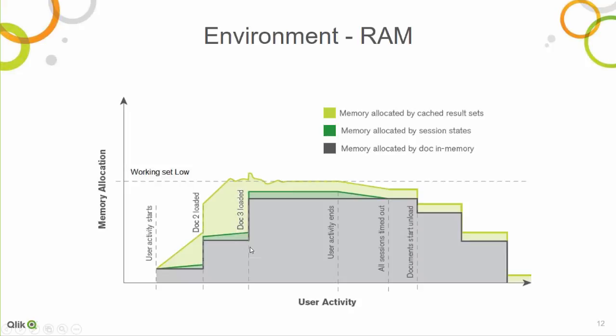Now we can see a third app is opened by the user, and this is a heavy app. At this point, it forces the engine to purge a big chunk of cache memory. You can see the difference to fit in the third app's data model.